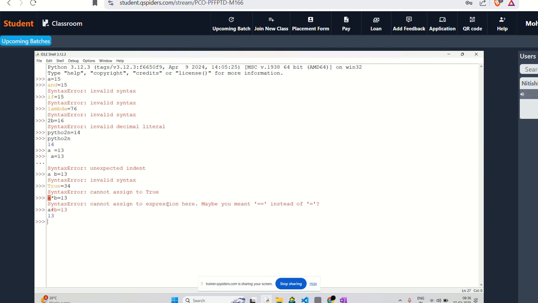In the same way, asterisk also. But I can take underscore. In between also I can take underscore. Understood? Take these two points.